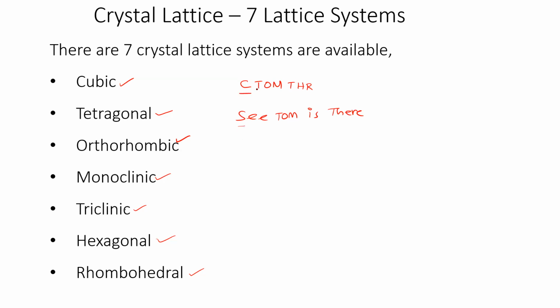C means cubic, T is tetragonal, and so on: orthorhombic, monoclinic, triclinic, hexagonal, and rhombohedral. You can simply remember all those things. These are all the 7 lattice systems.